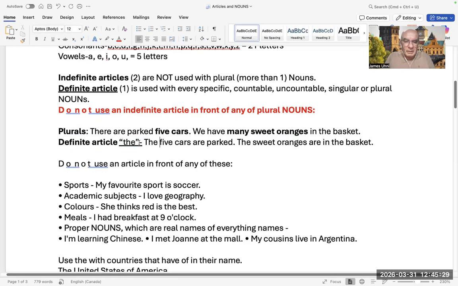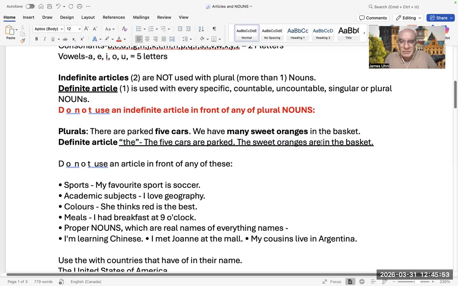Yes, I will underline everything. The 5 cars are parked. There are parked 5 cars. The 5 cars are parked. Pretty much the same thing.